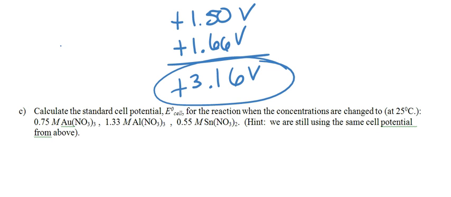All right, part C says calculate the standard cell potential for the reaction when the concentrations are changed to either 0.75, 1.33, or 0.5. Now again, we're not going to use that because we're not using the 10.